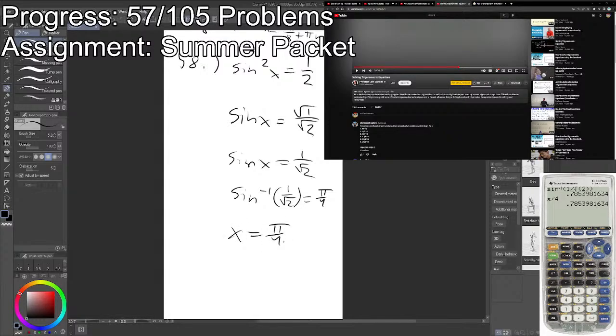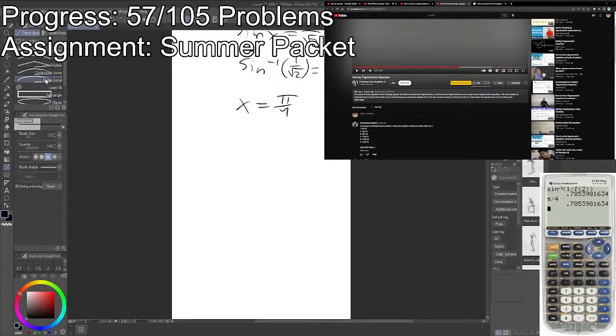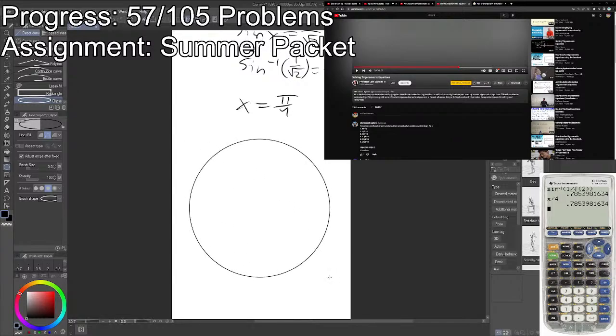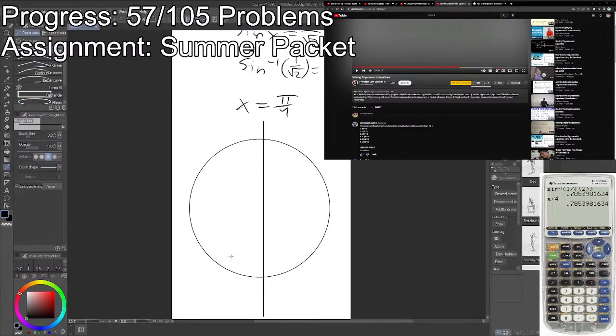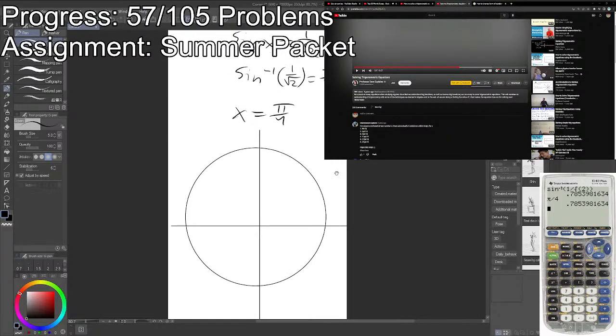So one of the answers is pi over 4. As a sine, whip out the unit circle. So we're looking for square root 2 over 2 for sine this time. Positive. Just in quadrant 2.